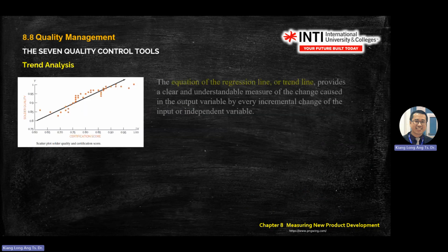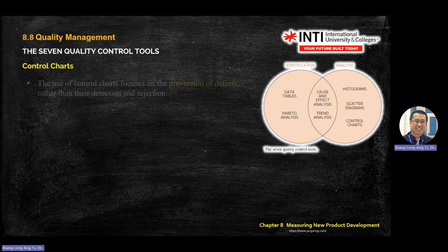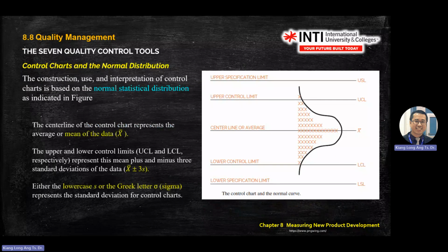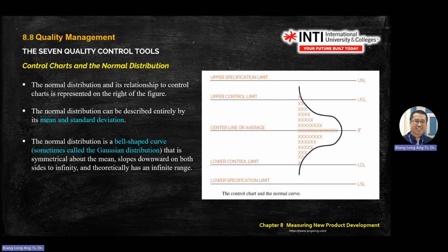Trend analysis, you're quite familiar. Control chart. Okay. So previously P chart, C chart, mean chart, R chart. You learned about mean, upper limit, lower limit. Then there's one table just now that mentioned specification.